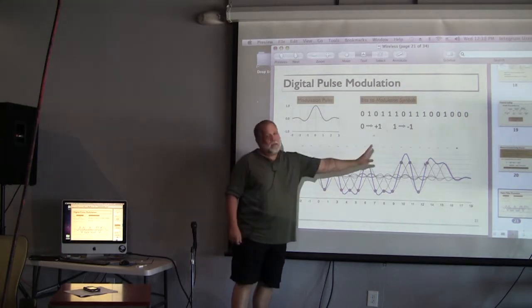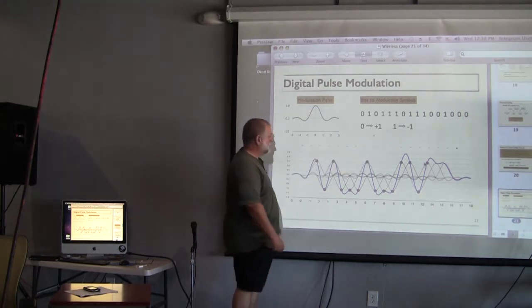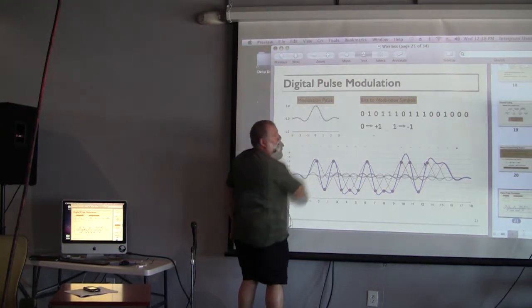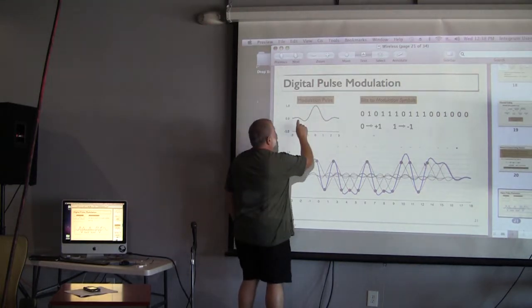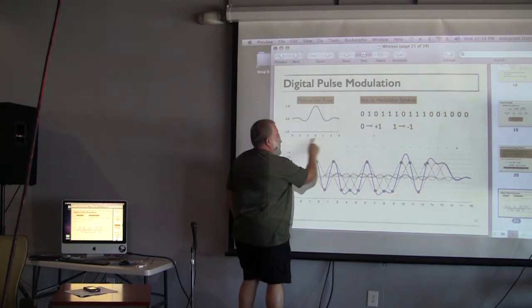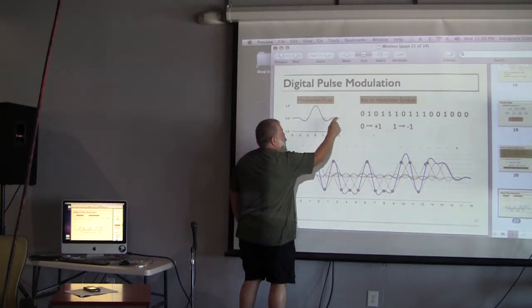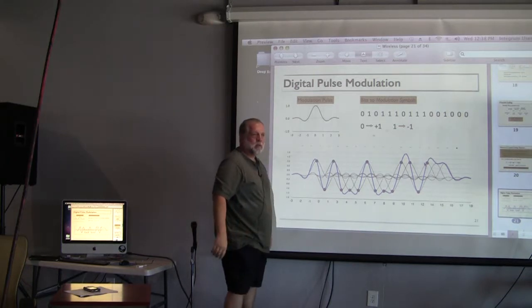And then you do that in a train. Notice that this pulse is 1 here, but at each one of the unit times, which could be microseconds, or this is a normalized time, at +1, +2, +3, it's a 0.